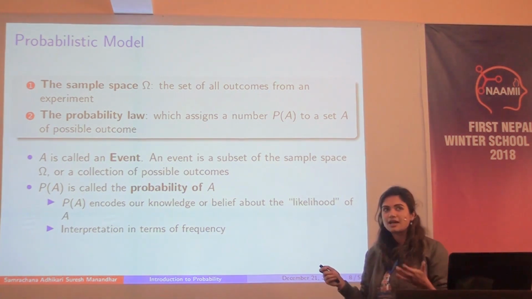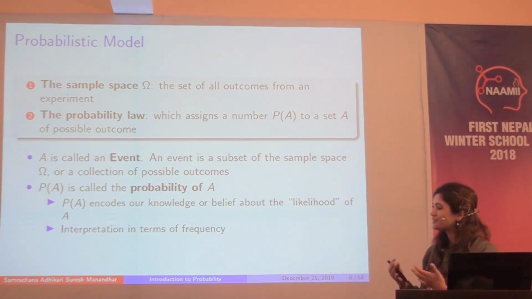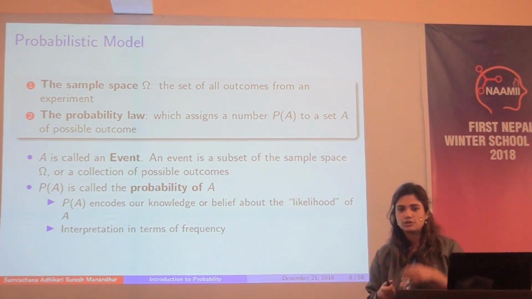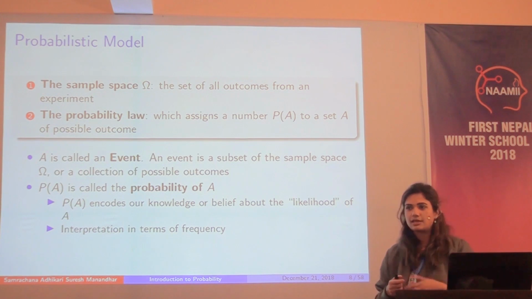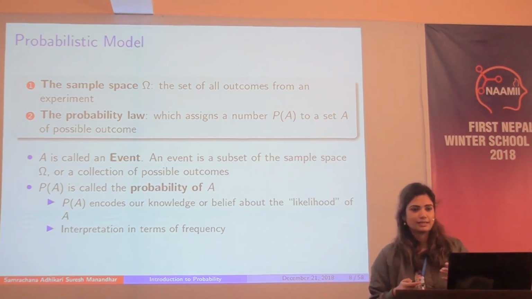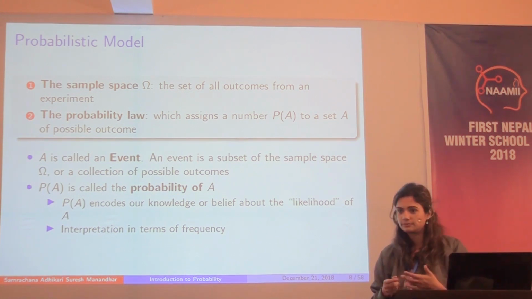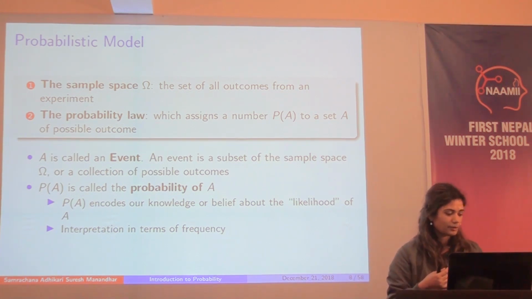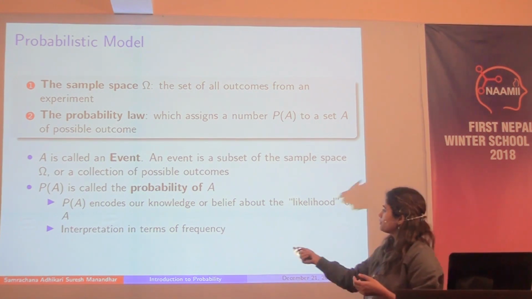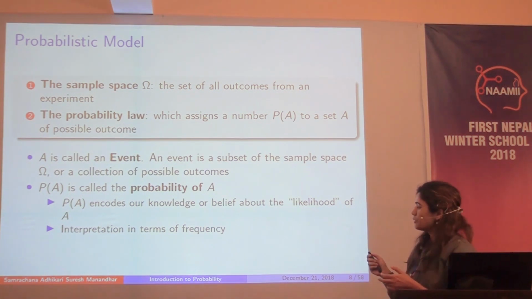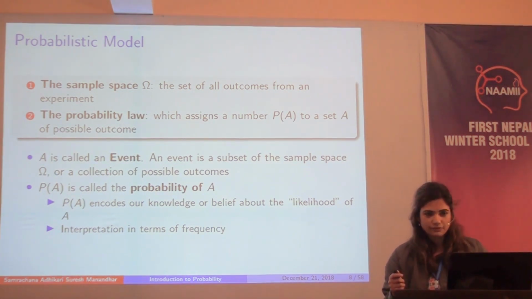Conceptually or philosophically, there are 2 different ideas of probability. One is based on frequency, so you keep on doing the experiment, and then you compute how likely something is based on the experiment. So what is the most likely outcome based on the number of outcomes you saw and the number of experiments you do. Or the other way, it's also about encoding your knowledge or belief about the event.